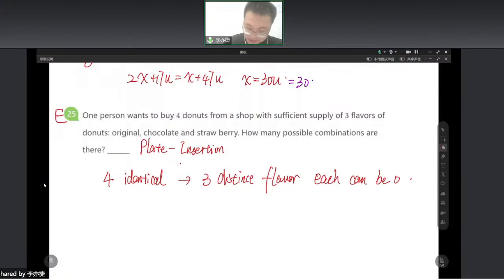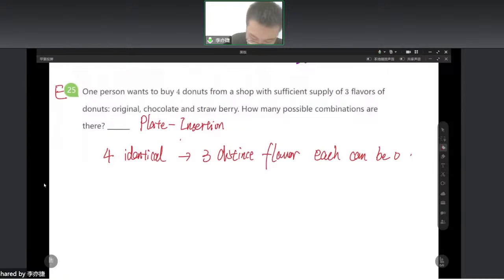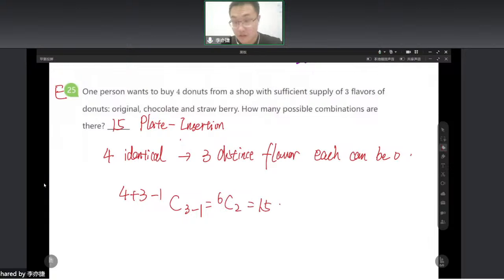So first we add in 3 for the 3 that can be zeros, then treat it as 7 into 3 with at least 1 each. So it's 6 choose 2, which is 15. Easy question, right?